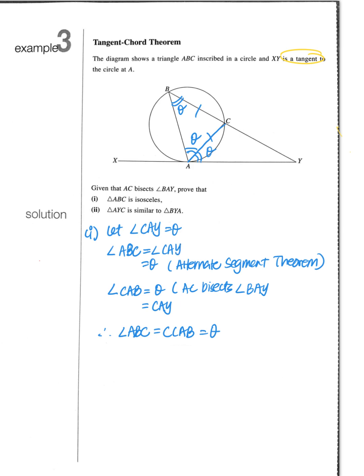So angle ABC is equal to angle CAB, which is theta, so therefore triangle ABC is isosceles. Base angles of isosceles triangle. Okay, done.